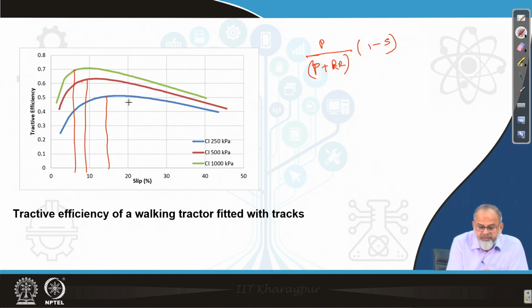Then after that it slowly goes down, and the rate of decrease is more in case of hard soil. So, the nature of the curve is the same. Initially it rises to a peak at a faster rate, then it goes down.